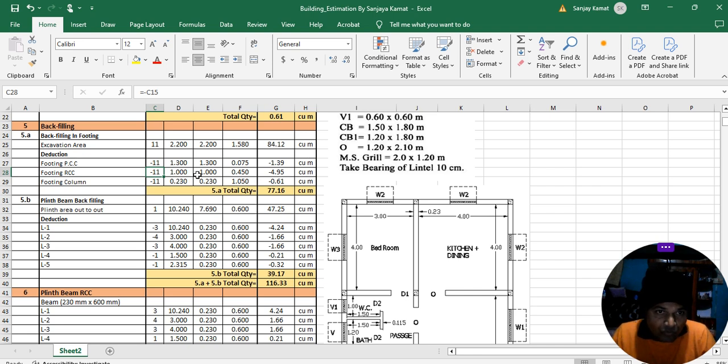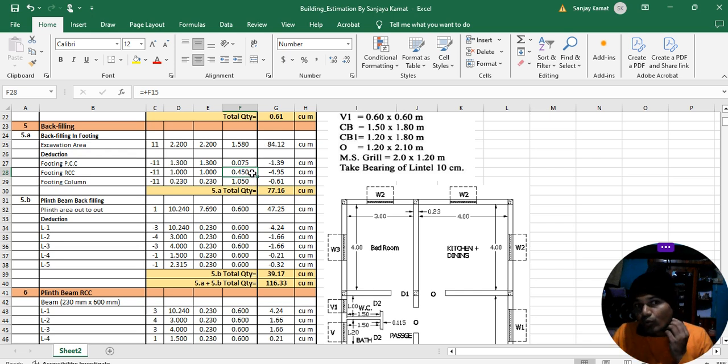Once we do that, how much will we take? Length will be 1 meter only, similarly breadth will also be 1 meter, and the depth of this footing RCC will be 0.2 meter.